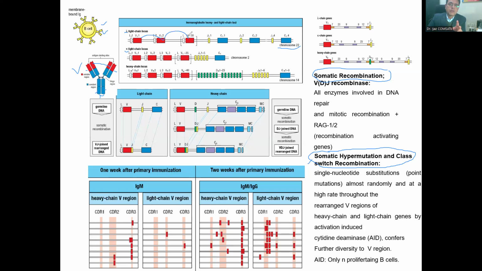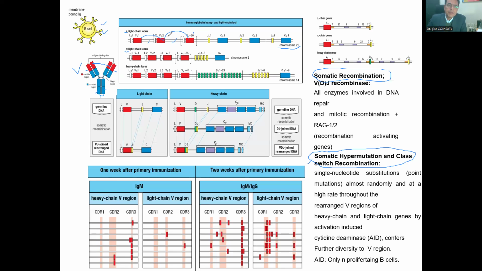How many variable segments could be found in the case of this lambda light chain? There could be up to 30 different segments that when combined would code for this particular variable region of this antibody. So 30 different segments are found on chromosome 22, and there is a lot of intervening DNA between these segments.